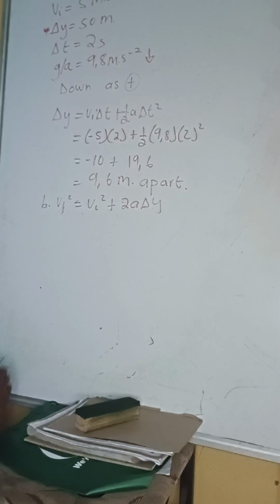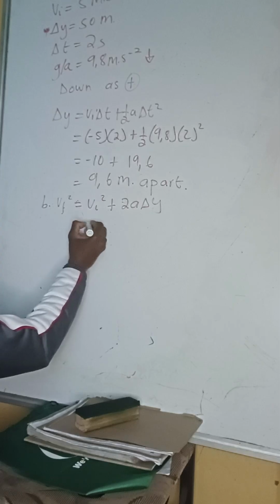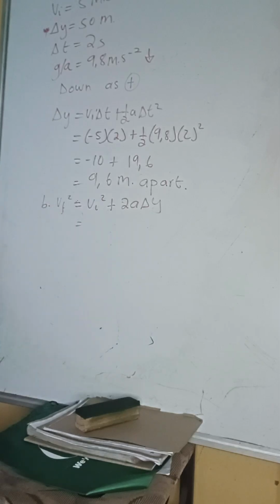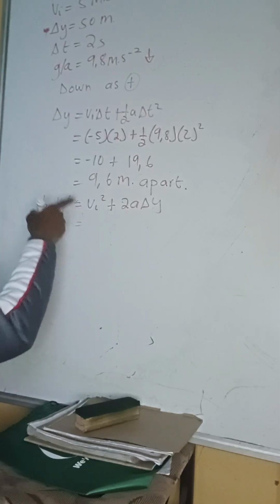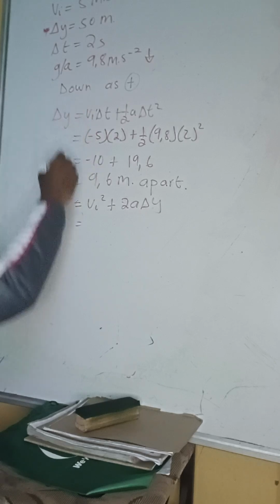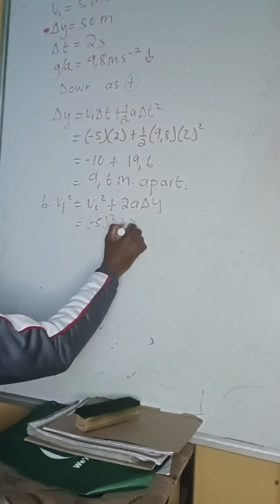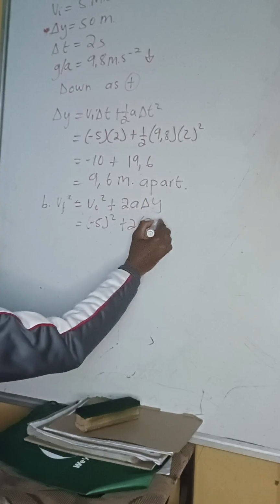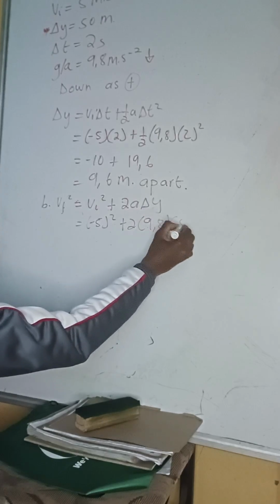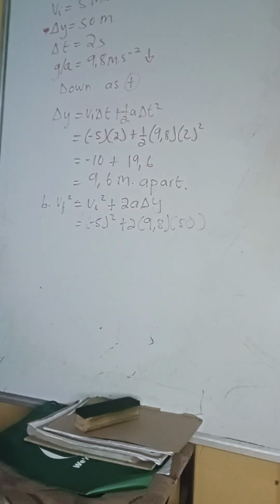So what we're going to do here, remember we have chosen direction as downwards, meaning we're going to have minus 5 squared plus 2 into 9.8 into how much? Into 50.